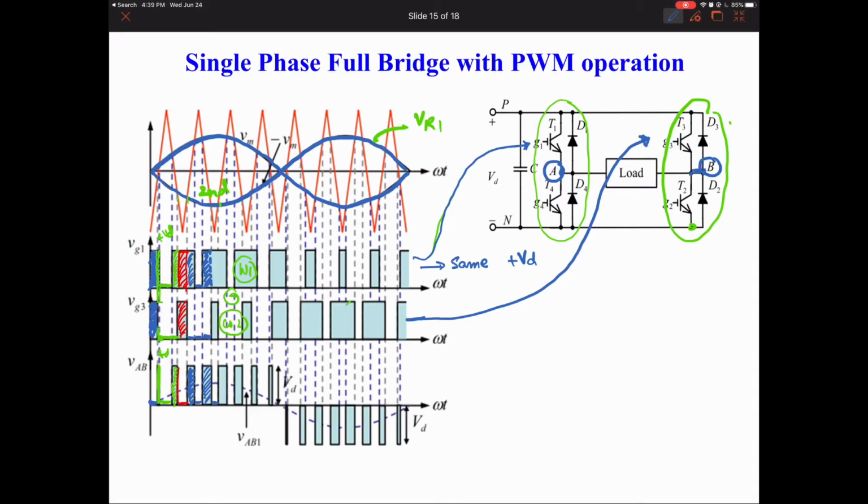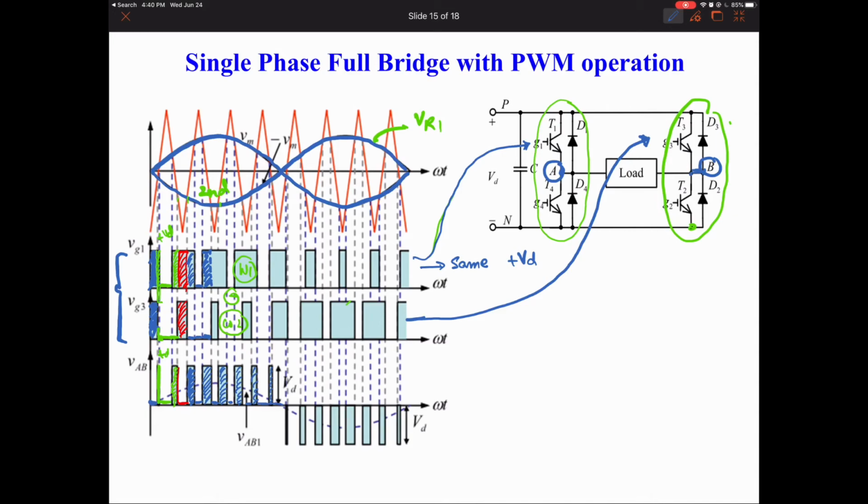So if you look at the load voltage, the pulses are doubled with respect to either VG1 or VG3. Double pulses are appearing and the voltage is varying between plus VD and the 0 level, right? And the area of the pulses covered over the axis is varying sinusoidally because the width of the pulses is varying sinusoidally.